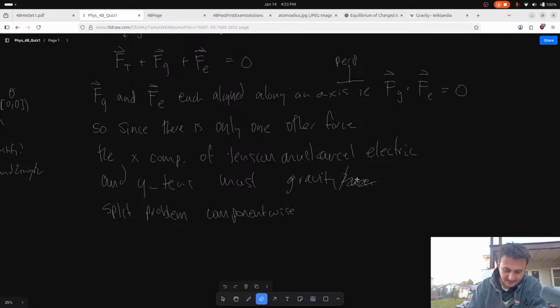So we're going to say that FTX, and this is a scalar, plus FE is equal to 0. FTY plus FG is equal to 0.